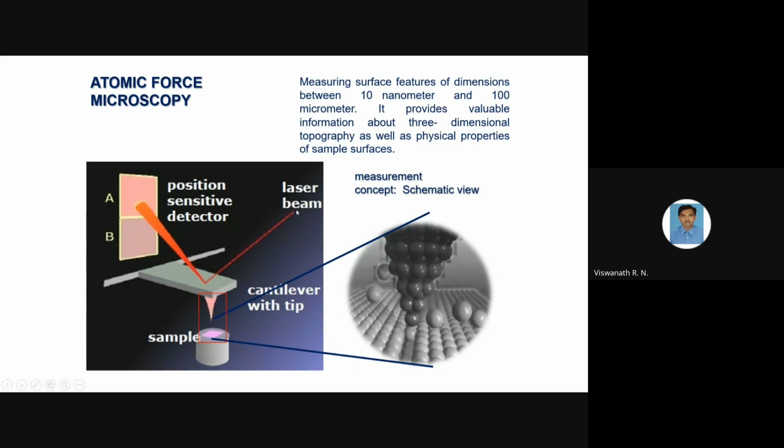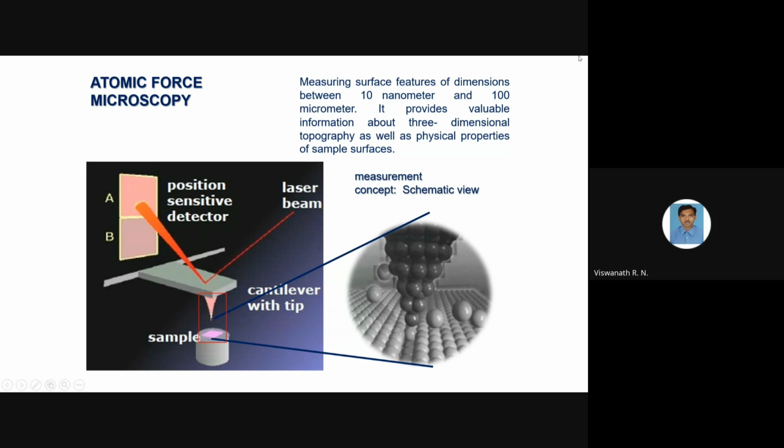The laser beam falls here, then a position sensitive detector identifies the reflected beam. If there is no change, the width of the reflected beam region is very narrow. If there is up and down movement, then the region changes. That is why it records differently when it is moving from a good region to another region.